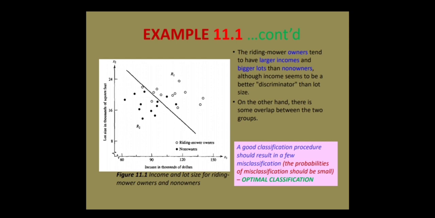But from these two variables, we can see that income will be the better discriminator than the lot size, right?